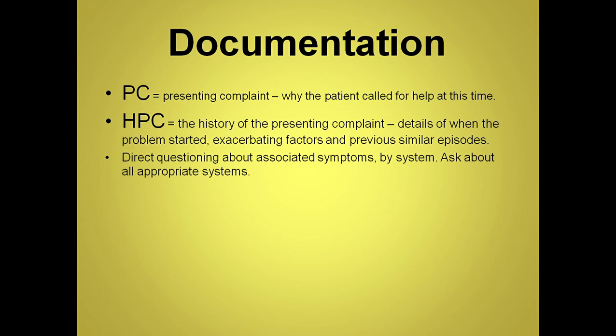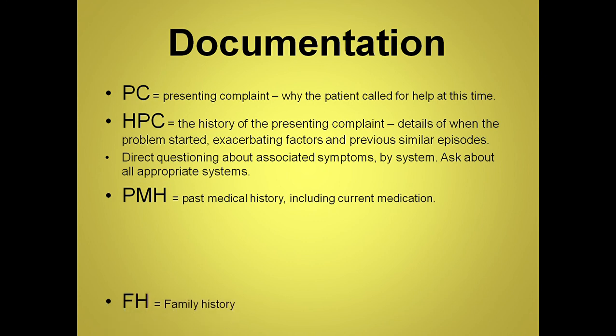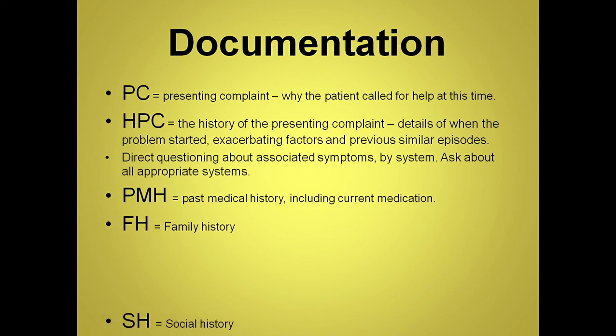So ask about all the appropriate systems, be it the respiratory system, the circulatory system, the neurological system, and so on. We also look at the past medical history, including their medication and family history and social history. So quite a comprehensive system to follow through and to document.